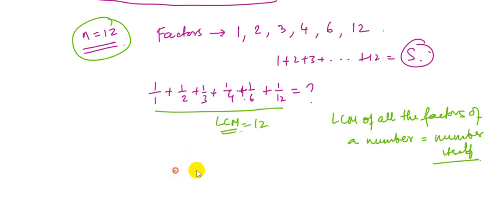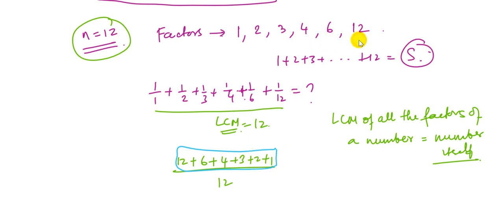Okay. Now you have got the LCM. Now what will happen to the numerators? 12 divided by 1 will be 12, 12 by 2 will be 6, 12 by 3 will be 4, 3, 2, 1. That means you have got all the factors again in the numerator. Why is it so?